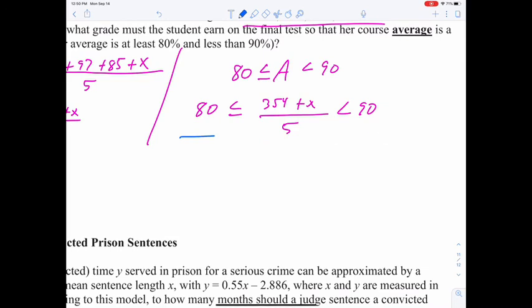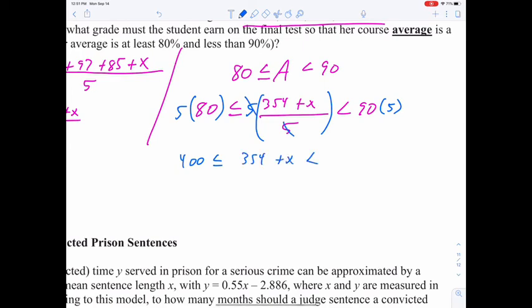Okay? So to start working on this, what we need to do is multiply the middle by 5 to get rid of that denominator, right? Which means we multiply that by 5 and that by 5. We're always going to do the same to all three parts. So we get 400 less than or equal to, the 5's reduce away, and this is 450.